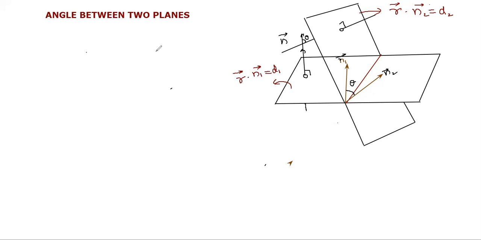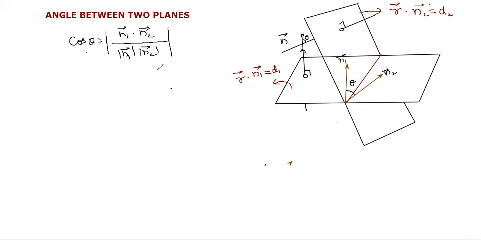And you know that for the angle between n1 and n2, the formula is cos theta equals n1 dot n2 over magnitude of n1 times magnitude of n2, its whole magnitude. So this is the angle between the planes.